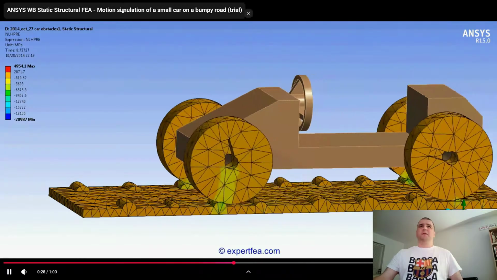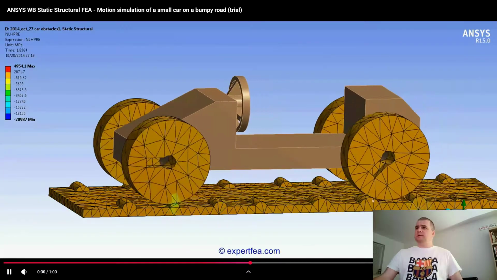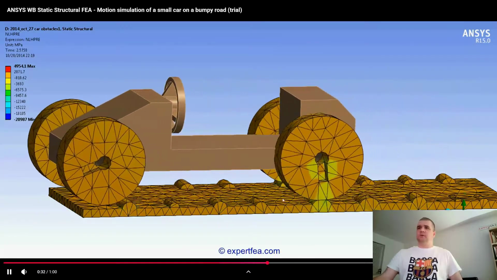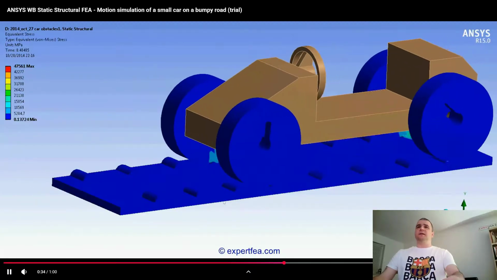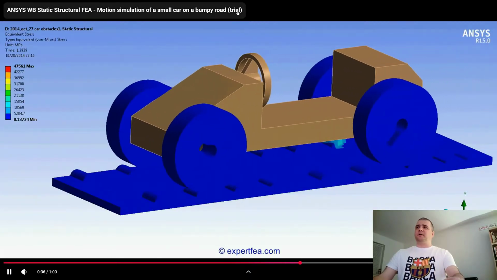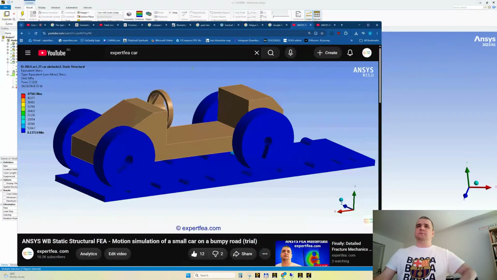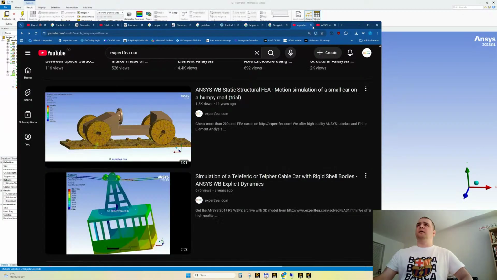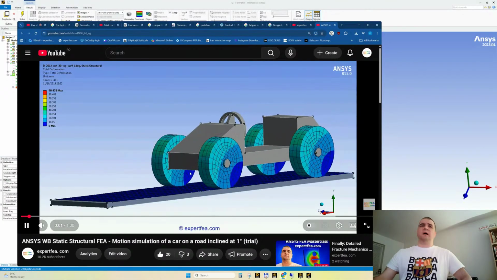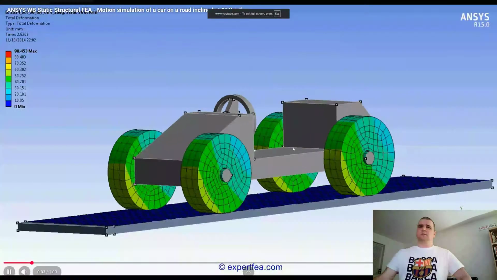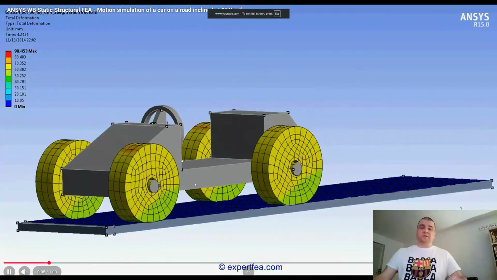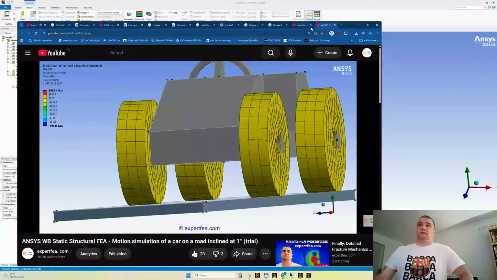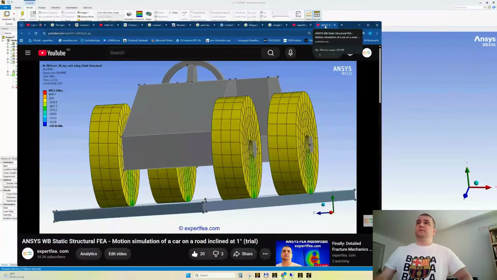So remember the naming, motion simulation, and you can see the drawer and the wheel is doing something like this. It is a trial. It's not my best work of art. Remember, you should start with this one. But you need to check my FEA. Yeah, so feel free to purchase.